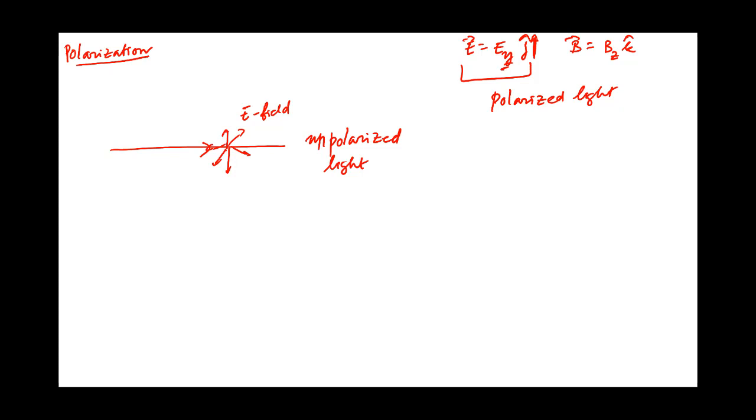It's oscillating every which way. But in polarized light, you have the electric field oscillating along one specific direction, which is the direction of polarization. So the electric field in polarized light oscillates only along the direction of polarization.